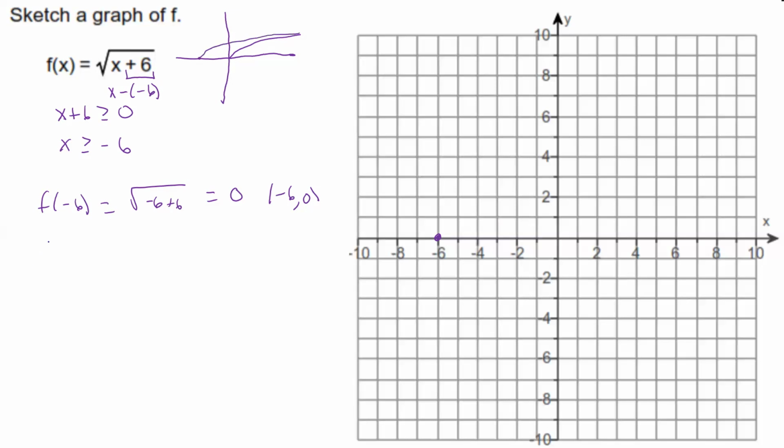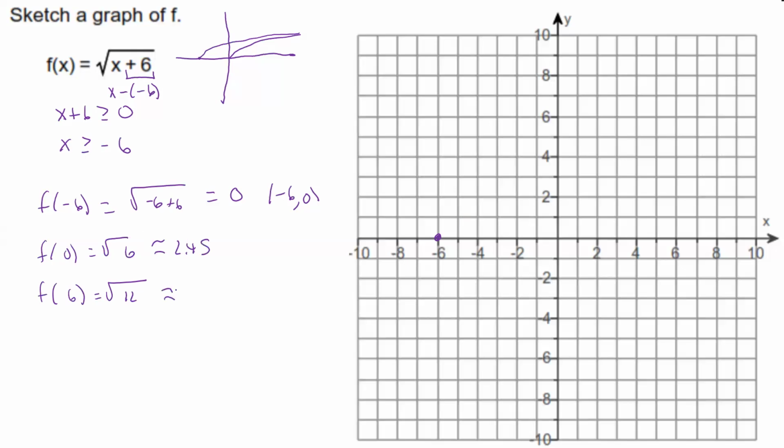So if we want to do some points, we could do f of 0, and that's going to be the square root of 6. And maybe we do f of, I don't know, what's another one? We could do 6, and that's going to be the square root of 6 plus 6, or the square root of 12. Okay. Now, again, this is just going to be general because I'm bad at freehanding. And the square root of 6, if we do that on our calculator, we're going to get about 2.45.